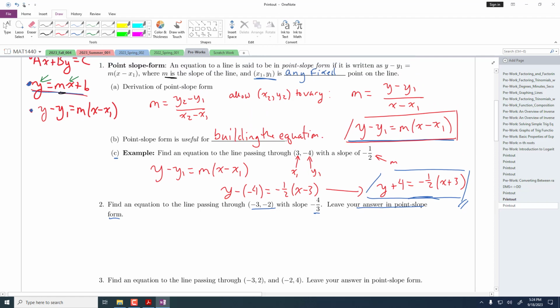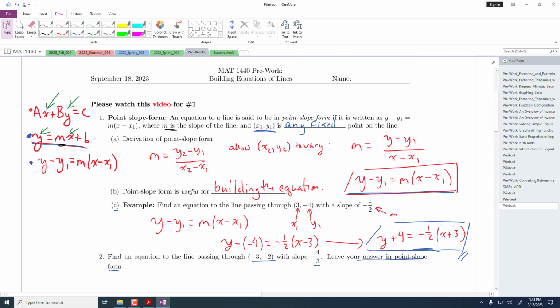Okay, so folks, as a reminder, just to recap this, I apologize that my underlining gets a little messy. That happens when I don't have full mouse capability. So we've got these three different forms of a line. Each one of them has a special use. We saw that this was very handy for graphing.